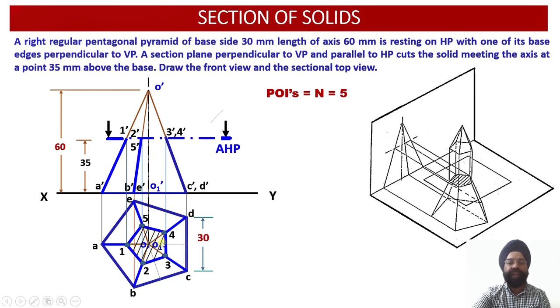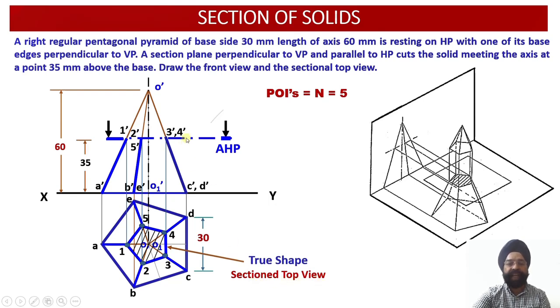And I am also going to label this as a true shape, because otherwise, had this cutting plane been inclined to the horizontal plane, then I would have said that this is the sectioned top view. It would have become the apparent shape.